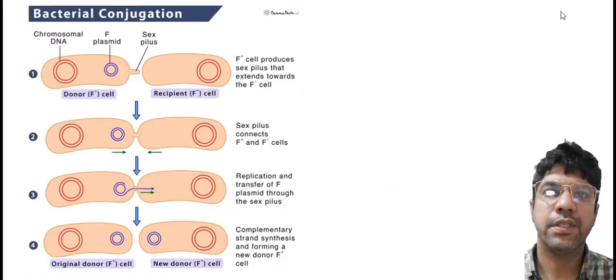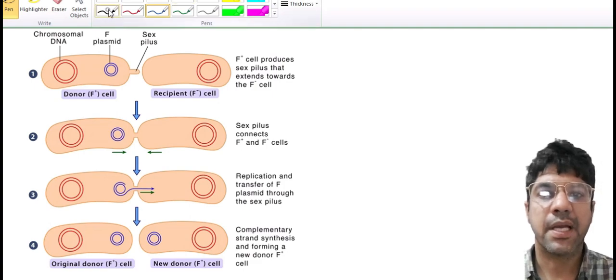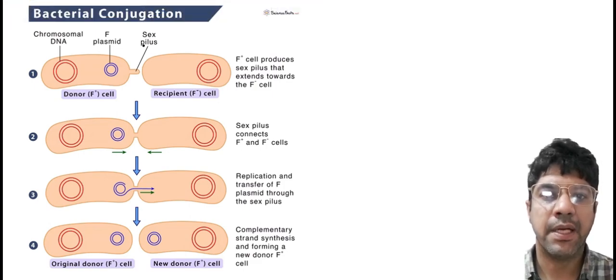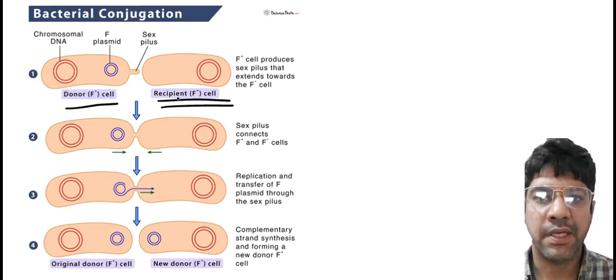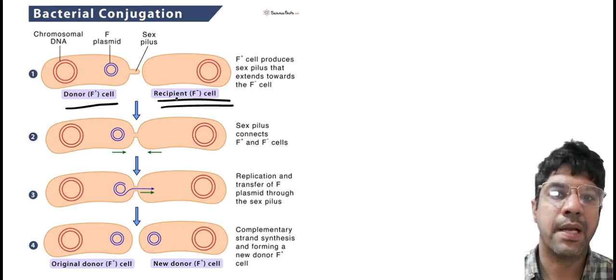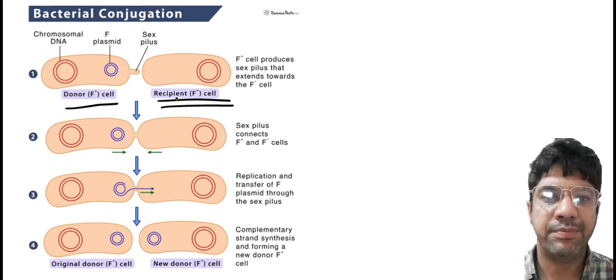Well, conjugation is a mechanism of gene transfer in bacteria where genetic material is transferred from the donor bacterium to the recipient bacterium. There is transfer of genetic material, primarily the plasmid, that plays a significant role.